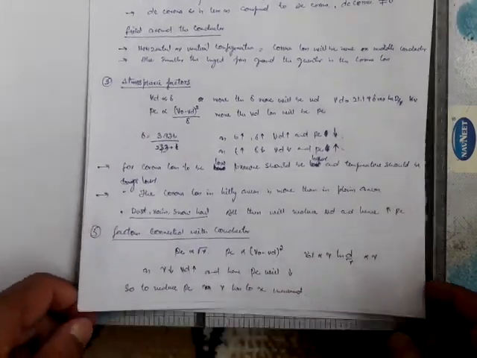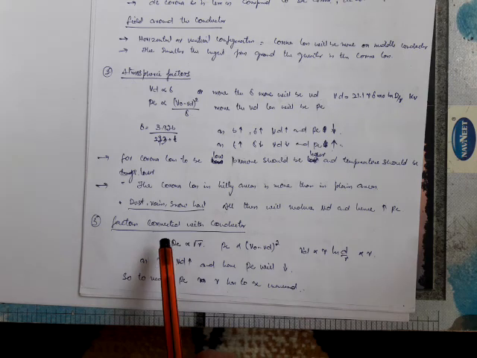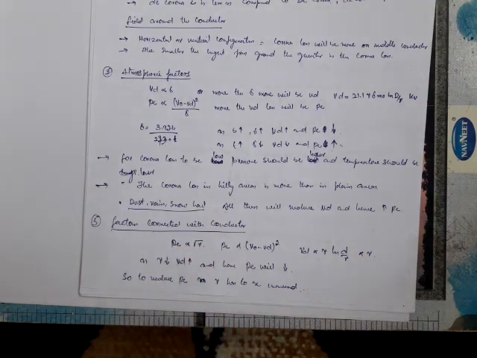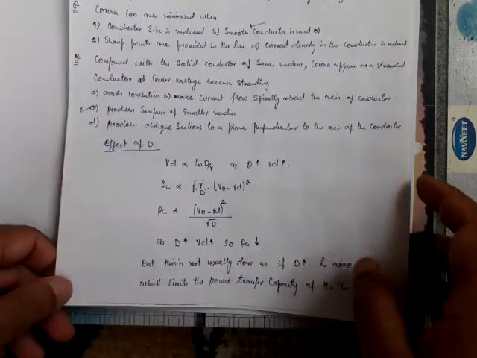Now I will come to the factors connected with the conductor. That is, we'll see how the radius of the conductor will affect the corona loss and the separation between the two conductors. Let us first come to the separation between the two conductors, that is the effect of D on the corona loss.